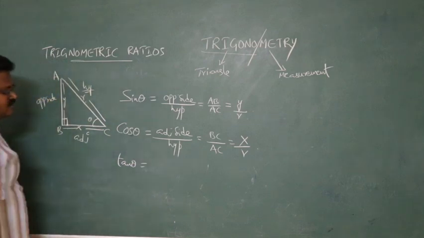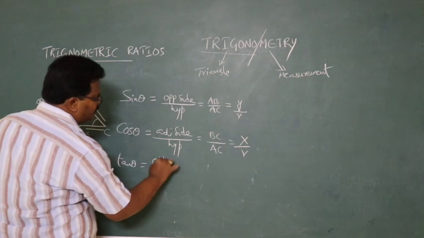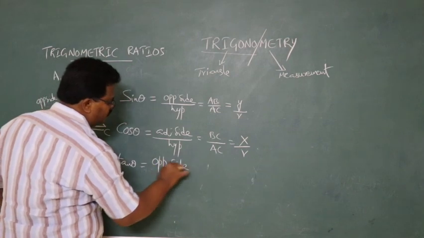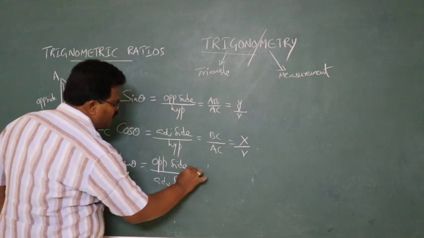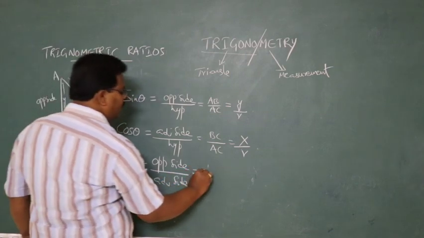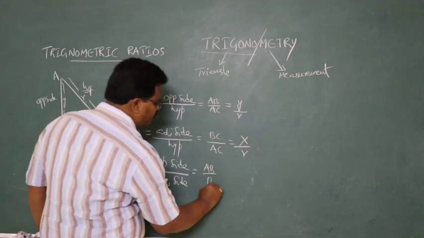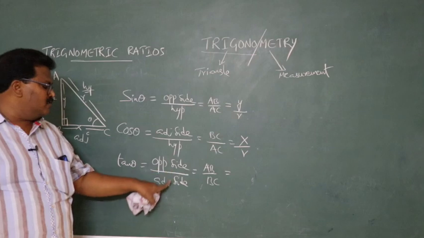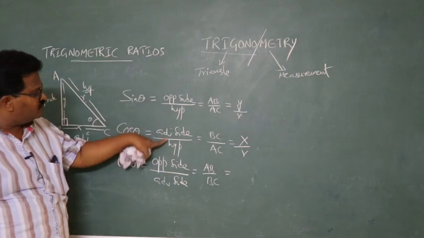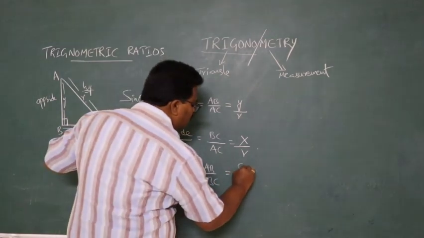The third ratio is tan theta. This is opposite side by adjacent side, that is AB by BC. One more important thing: this opposite side by adjacent side is sin theta by cos theta.